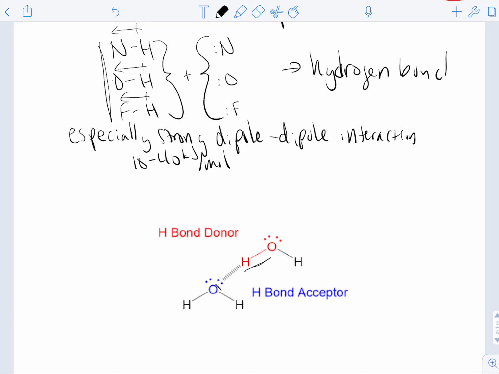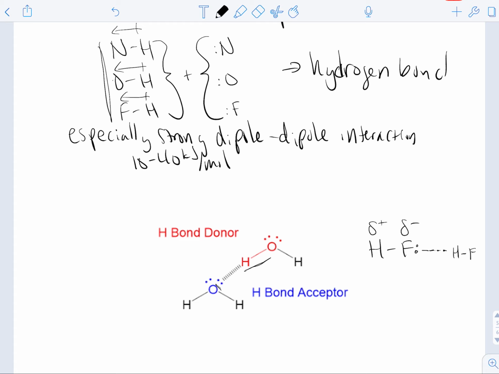So, of course, the strength is going to vary by if it's a nitrogen, oxygen, or fluorine. Fluorine is going to have the strongest dipoles, so it's going to result in the strongest hydrogen bond. So if we have HF, for instance, that's going to be a stronger hydrogen bond between the electron pair on the fluorine and the hydrogen of another HF than we will see in water.